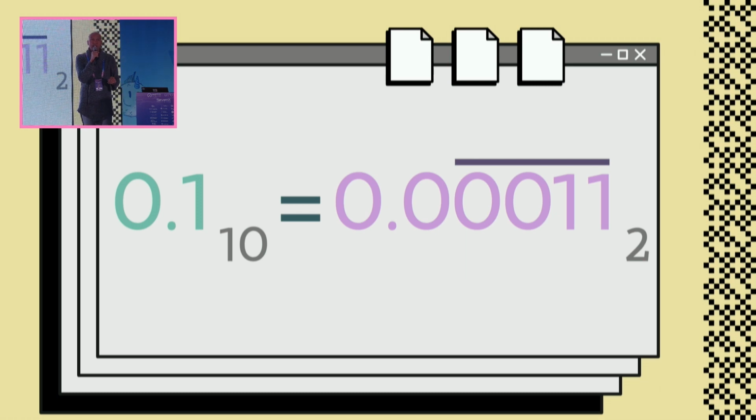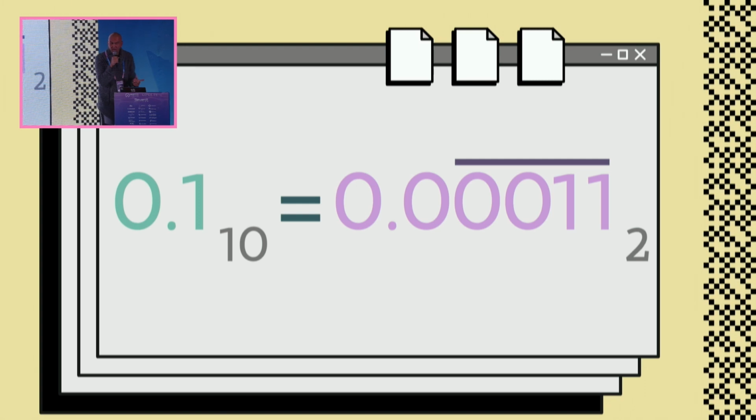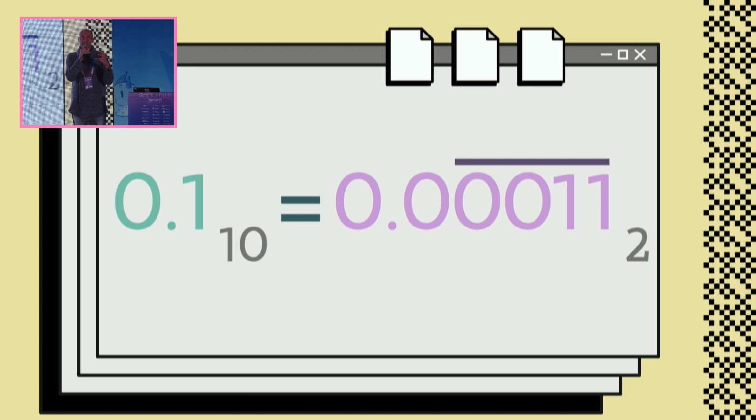And you would need infinitely many digits in binary to exactly represent 0.1. Such a simple and basic number, yet in binary, with a finite amount of memory, which is always true, on any computer you use, we only have access to a finite amount of resources, we can never represent 0.1 exactly.